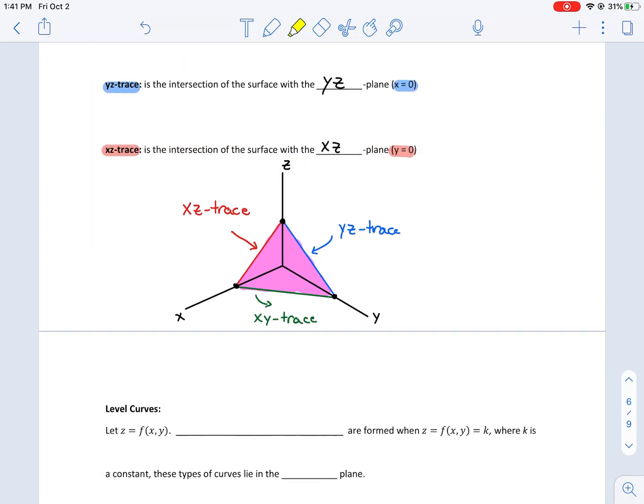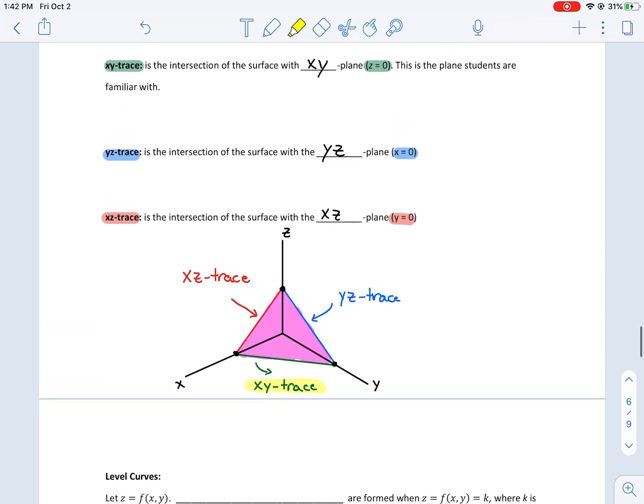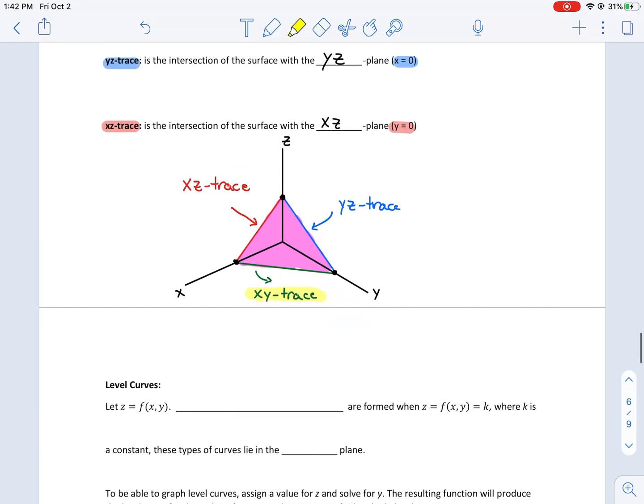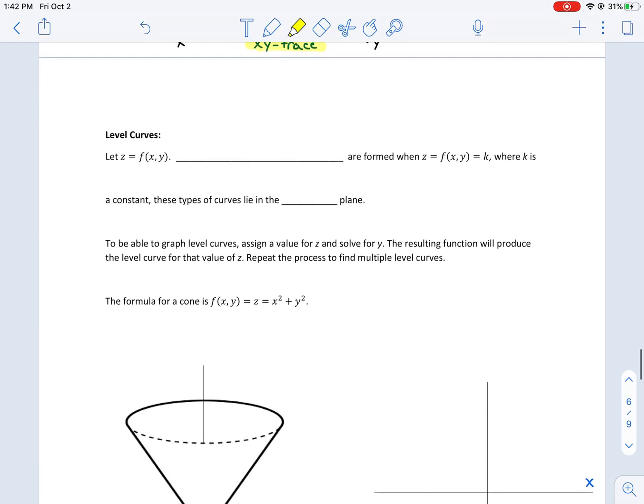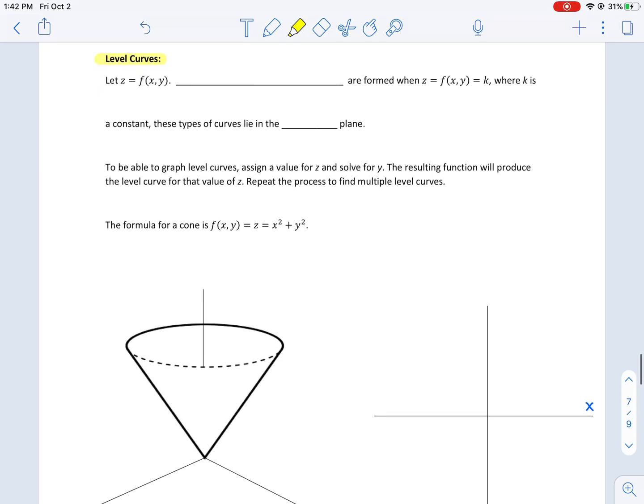Now, the traces that we're going to focus on are the ones in the XY plane. And when we have curves in the XY trace, we call them level curves.